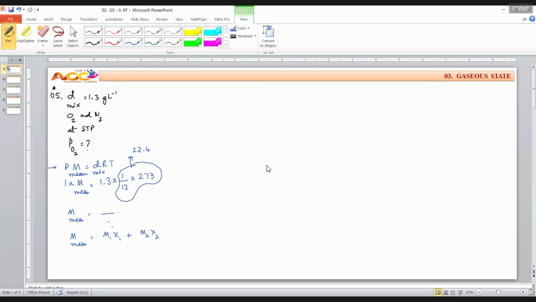This is for oxygen, this is for nitrogen. The mean molar mass I know. This is 32 times the mole fraction x1, plus 28 times 1 minus x1, because the sum of mole fractions must be equal to 1. I got the mole fraction of oxygen. Once I get this value, the partial pressure of oxygen is equal to total pressure into mole fraction.